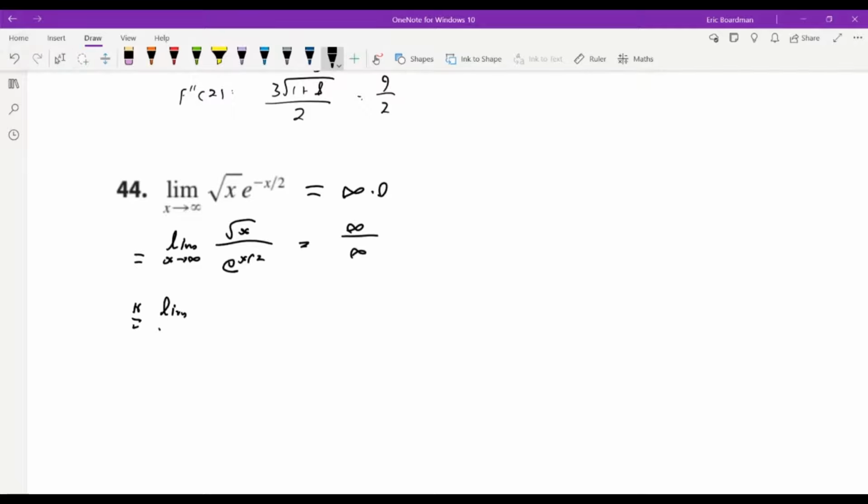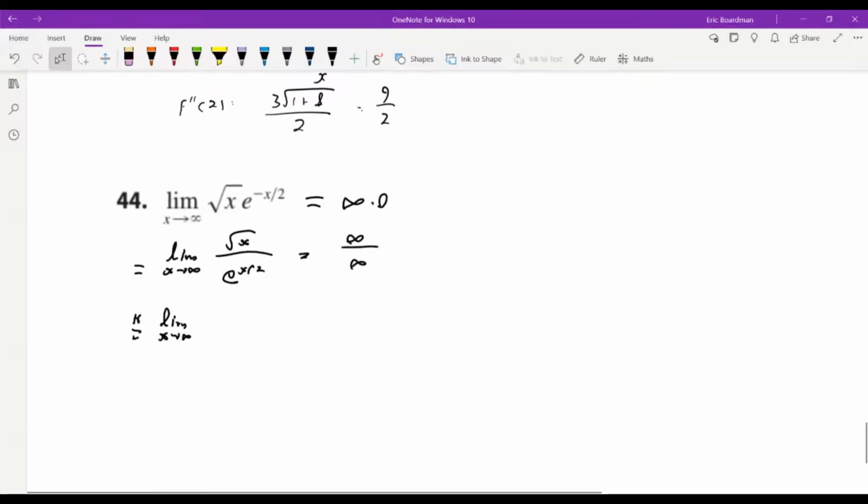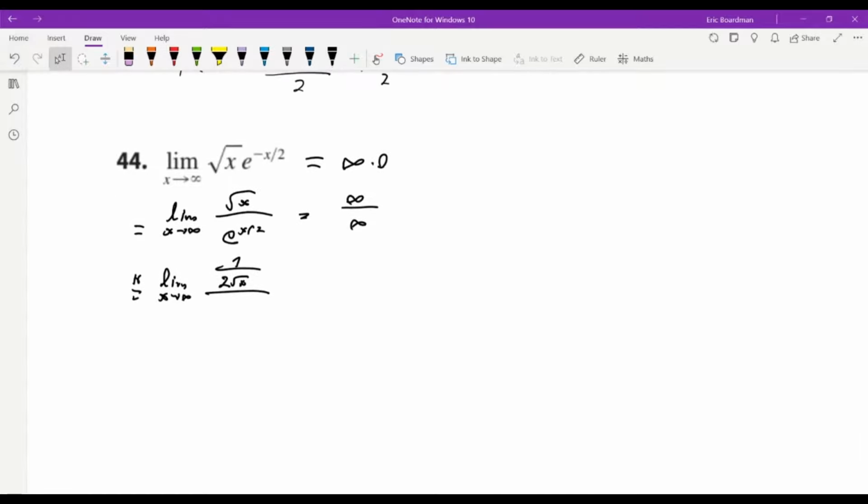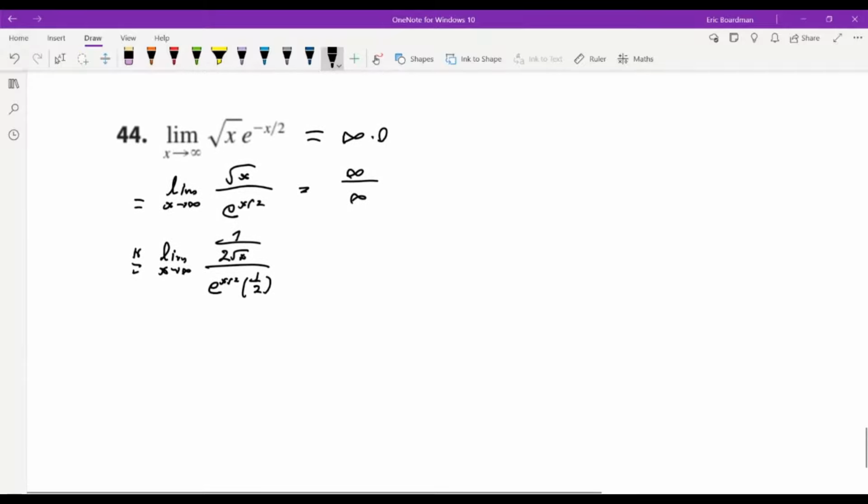So this is going to be the limit as x goes to infinity of the derivative of the top, which is 1 over 2 root x, over the derivative of the bottom, which is e to the x over 2 times the derivative of the exponent, which is just 1/2. And then now we can simplify.